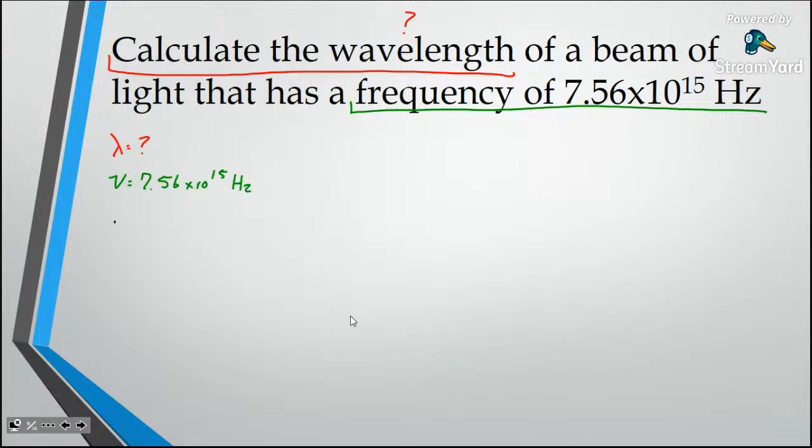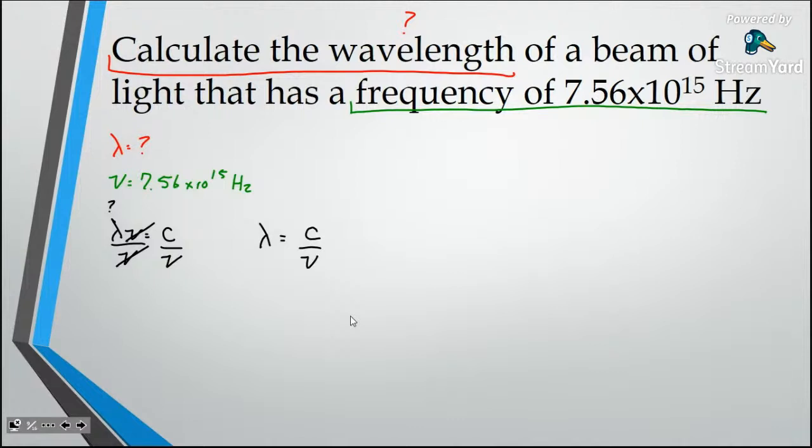Again, I know that lambda nu equals Celeritas. I'm solving for wavelength, so in this case, I will need to divide both sides by frequency, so it cancels out from the left-hand side, and I get that wavelength would equal Celeritas divided by nu.